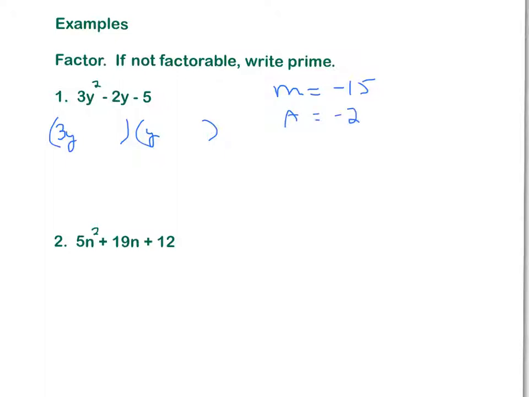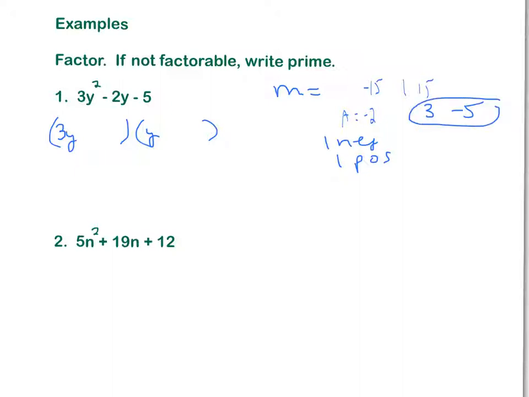I'm going to come up with these two numbers, and in this case I have 1, 15, and I can have 3 and 5, because when I multiply to give me a -15 and I add to give me a -2, I'm going to need, in this case, one negative and one positive, with my negative being the larger of the two. So this is going to be a -5 and a +3 are my two numbers.